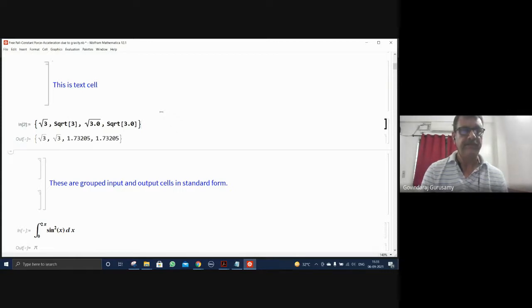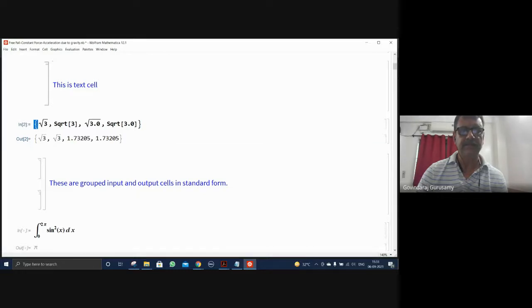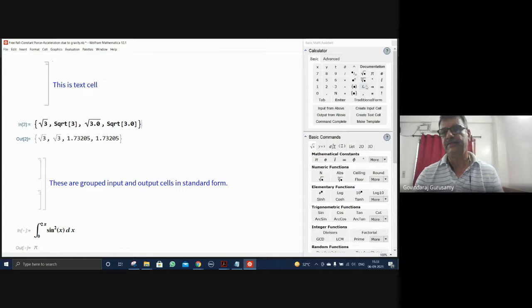Square root of 3, see, this is the list. Whatever you have can be given in this. List as it is will not do anything. If you ask it to do certain things, it will do. For example, within this script, I am asking to find the square root of 3. The square root can be entered automatically by using the so-called palettes here. We have a basic assistant here.